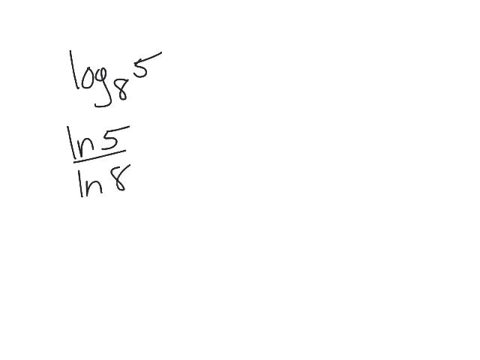So just to finish this, to show you that it doesn't matter whether you use common log or natural log, you can evaluate, let's say, log to the base 8 of 5 by writing the natural log of 5 over the natural log of 8, and that's going to be the same thing as the common log of 5 over the common log of 8.